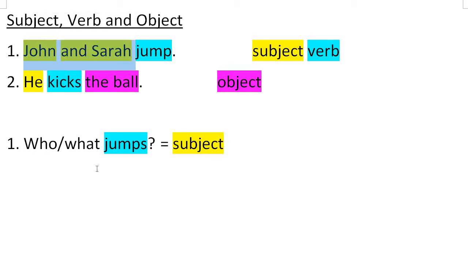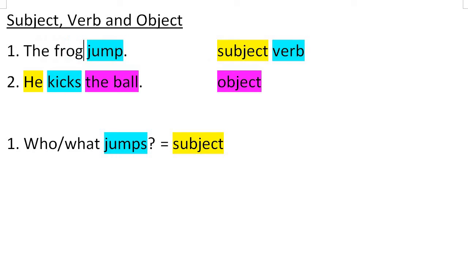It can be the answer to what? If I say the frog jumps, then that would still be the answer there. Who or what jumps? And there's your subject. So you always have to find the verb, and then you'll be able to answer this question, and that will tell you what the subject is. It can be a noun, it can be a person, can be a thing, and it can be a pronoun.